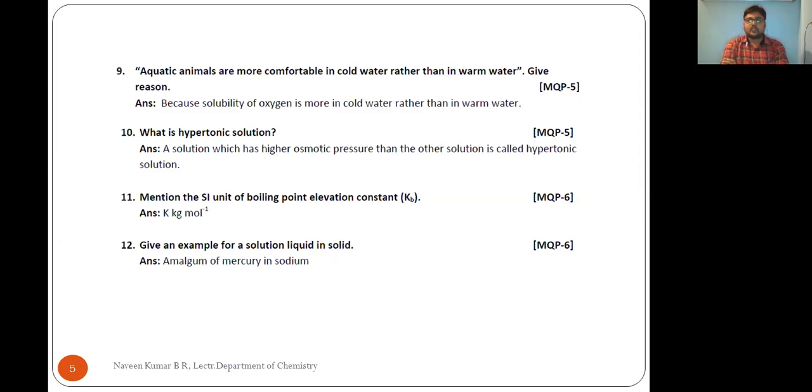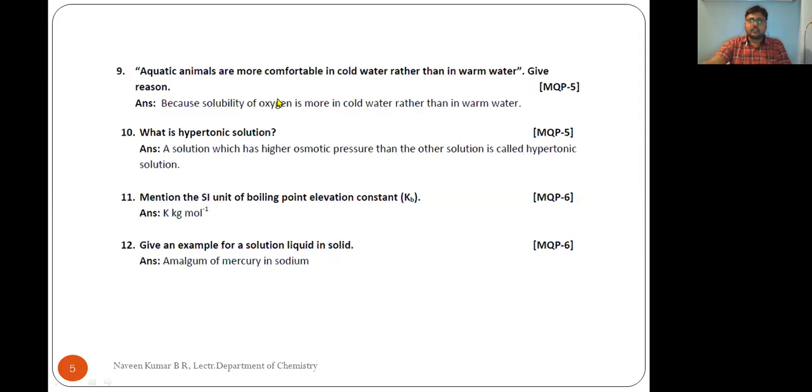Whereas in cold water, the temperature is lowered, and as a result the solubility of the gas increases. As the solubility of the gas is increased, the animals will have more dissolved oxygen there, hence their life will be in a comfortable state. So that is the detailed explanation. It explains the solubility of a gas in a liquid.